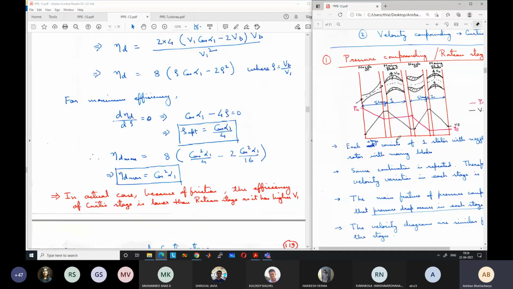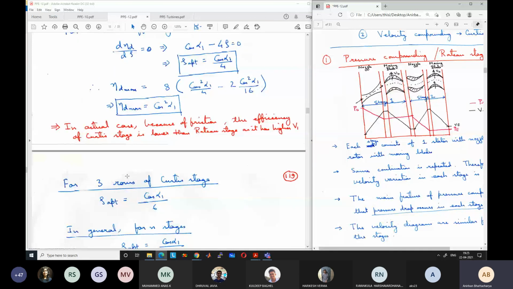So although theoretically maximum efficiency is same for both cases, in real life the maximum efficiency is slightly lower for velocity compounded turbine as compared to pressure compounded turbine. But velocity compounded turbine has some other advantages we will see later. That's why it is still used. But in theoretical calculation, efficiency is same for both.